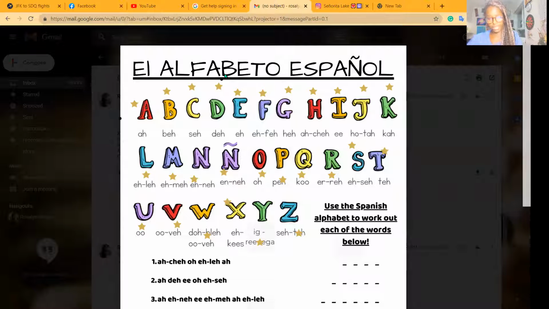El alfabeto en español. Tenemos ahora voy a usar un corazoncito. I'm going to use a little heart since we're wrapping this up.